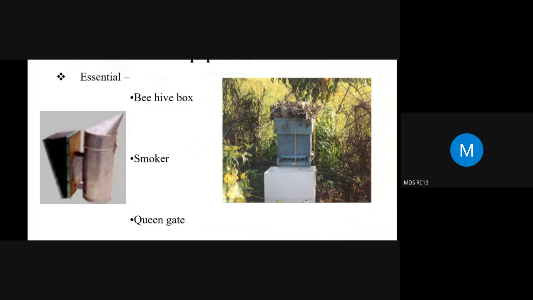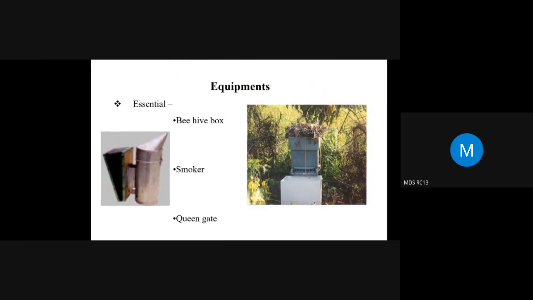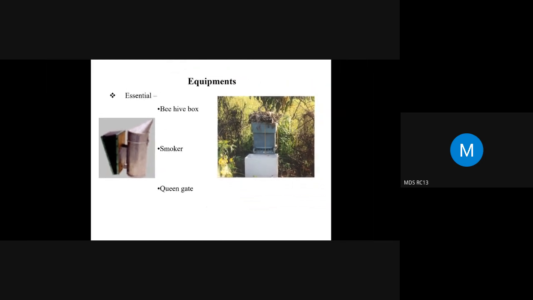This smoke reduces the aggression of the worker bees so that they don't sting during operations with the hive. When the smoke is produced around the colony, the worker bees calm down and think that there is a natural fire, so that their natural behavior is changed. They don't sting in that situation.